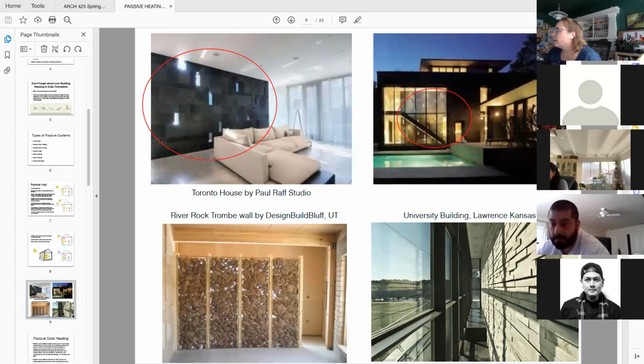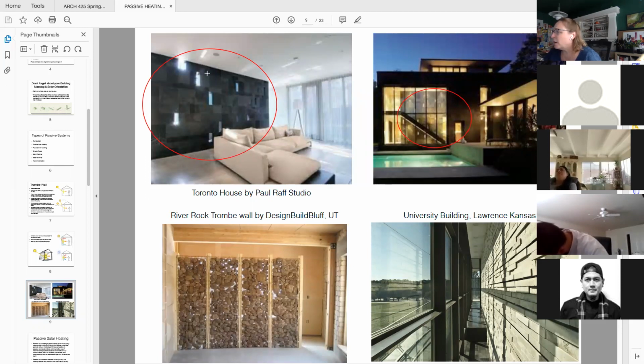Now, this is a super interesting application. This is a staircase, which is what's creating that airspace, and the stone wall is the wall adjacent to the stair between it and the space.